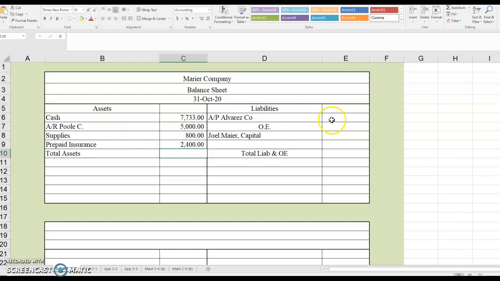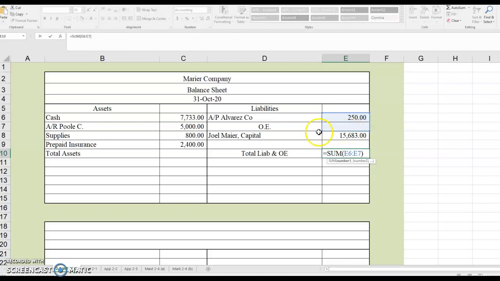So our accounts payable amount is $250. Capital is $15,683. So I skipped one line here so that I could make it on the same line. So we're going to do the auto sum, but we need to go up.